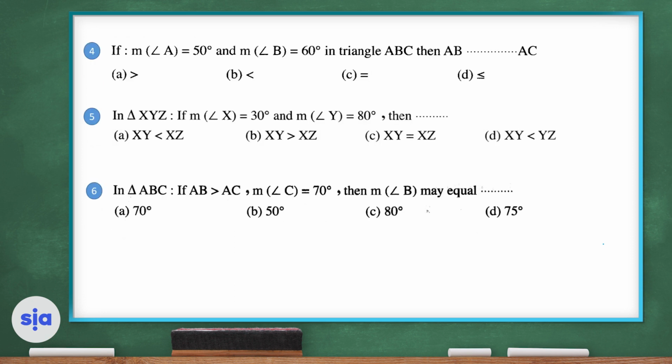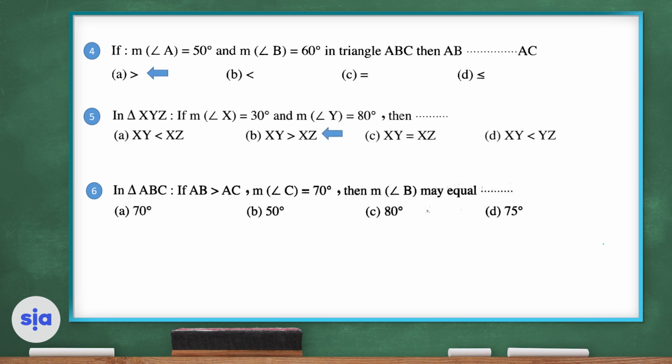Question 4. If the measure of angle A is 50 degrees and the measure of angle B is 60 degrees in a triangle ABC, then AB is greater than AC. Question 5. In triangle XYZ, if the measure of angle X is 30 degrees and the measure of angle Y is 80 degrees, then which of the following is true?